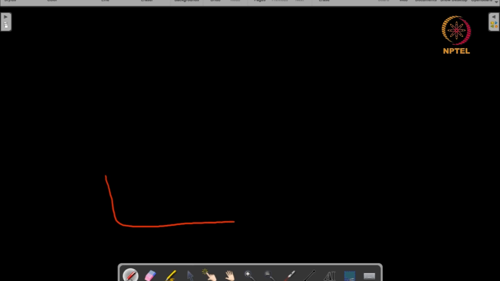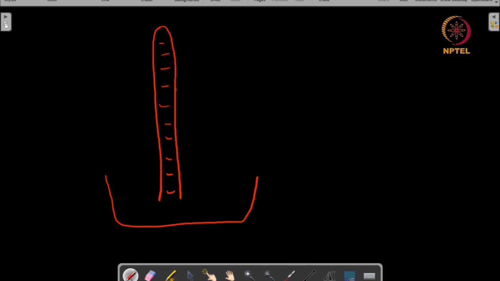Now, a barometer technically is a glass tube that is completely filled up with mercury. So, this glass tube is filled up with mercury, and then this glass tube is inverted into a vessel that contains mercury.